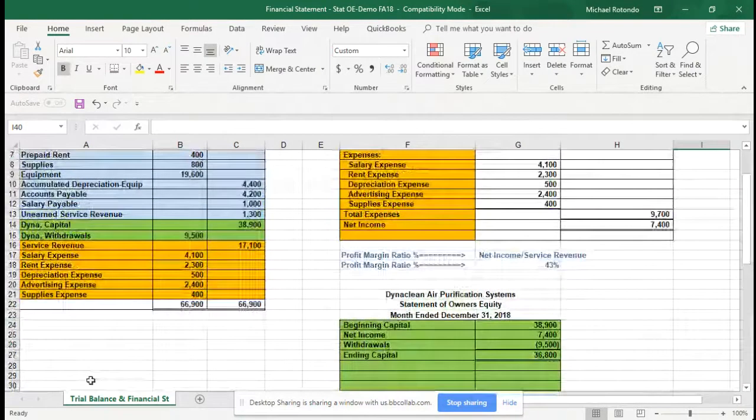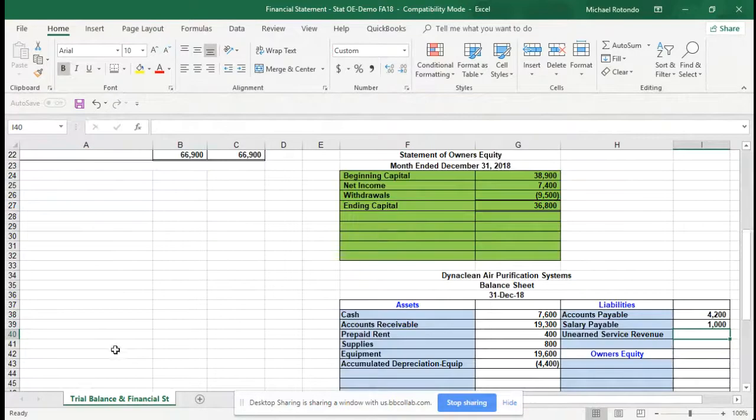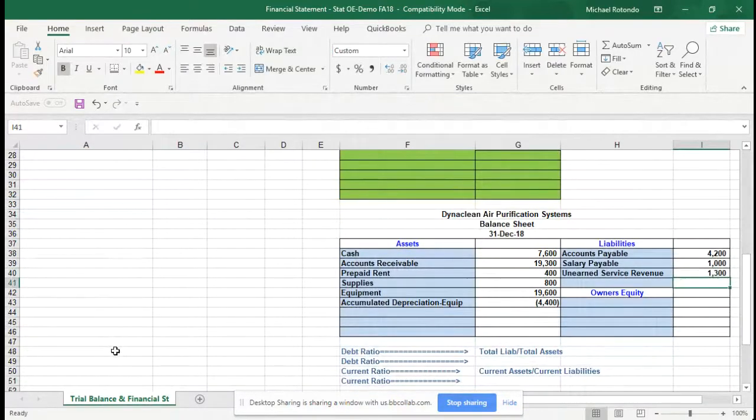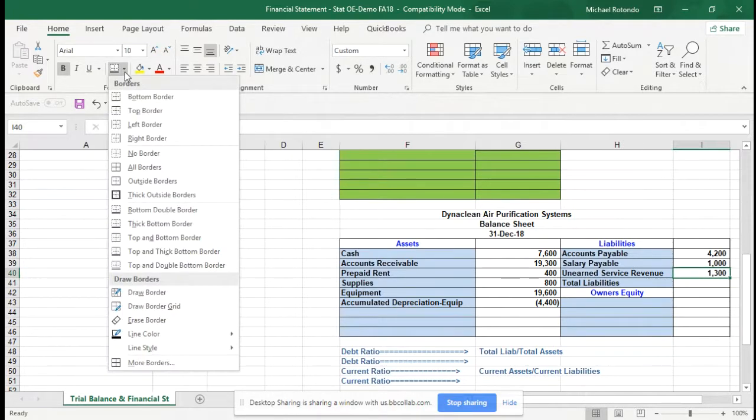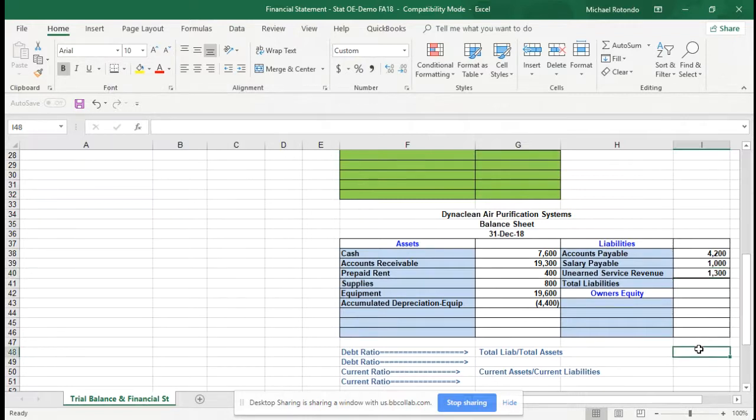And our unearned service revenue of $1,300. Now we can total our liabilities. Again, we should do our thick bottom border here, indicating that we're adding. So our total liabilities come out to $6,500.